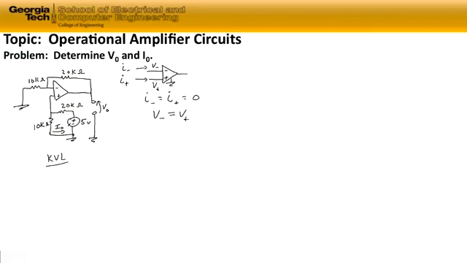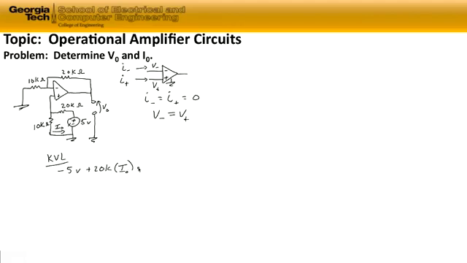If we start at the bottom right-hand corner and go around the circuit, we first encounter the negative polarity of the minus 5-volt source. So it's minus 5 volts. And then we have the voltage drop across a 20 kilo ohm resistor, which is 20K times Iout, plus the voltage drop across the 10K as we continue around this loop.